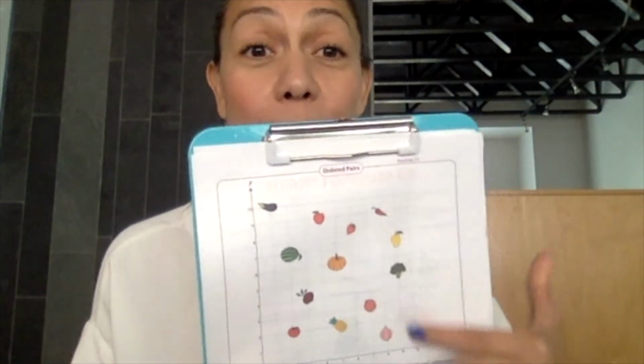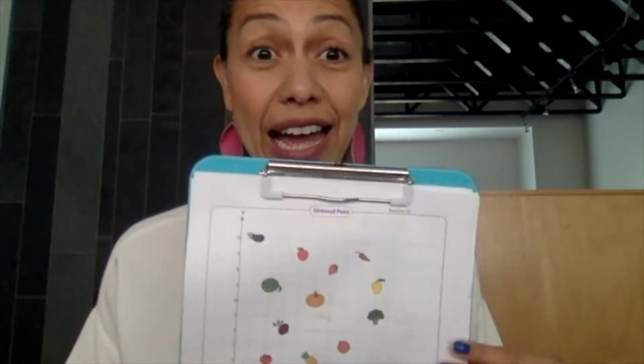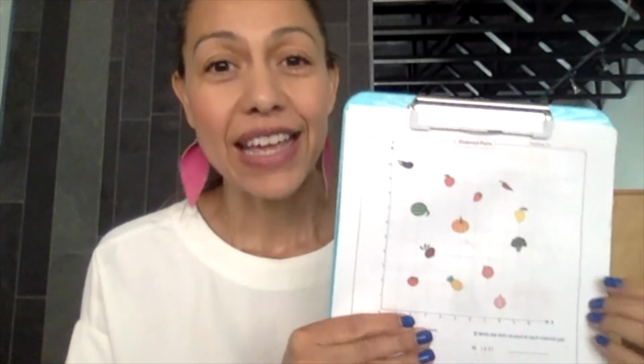Okay, now we are on the last page of these worksheets, and this portion of the worksheet we have not seen this year yet. This is the first time we get to see it. This is the first time that we will work on it. And it is this right here. It's called ordered pairs. They look like a graph, don't they? It is not a graph per se.